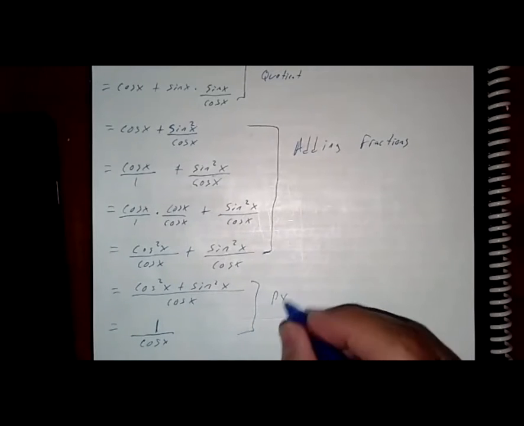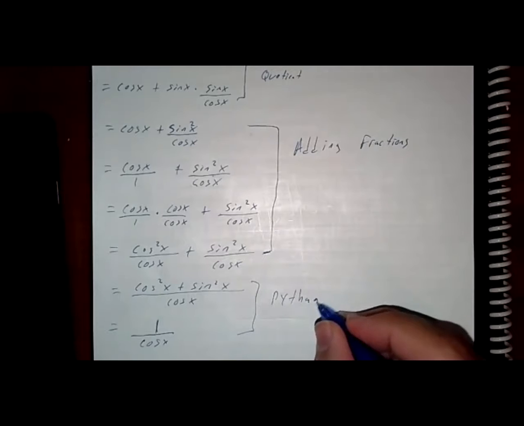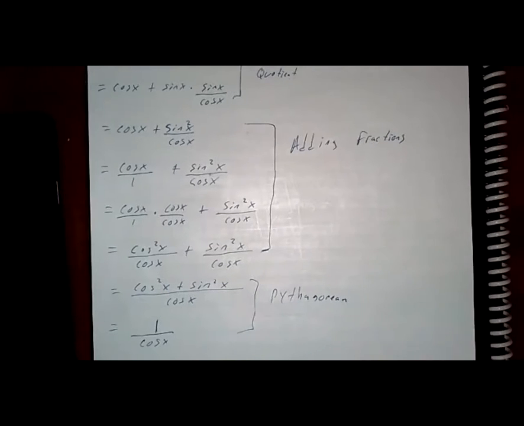Pythagorean. And then one over cosine is secant, right?